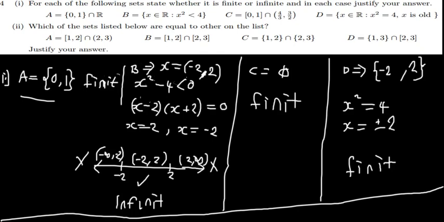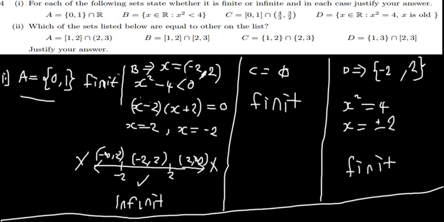Let us now find B. So B here is saying [1, 2] intersection [2, 3]. Here we know the intersection set between the two sets is 2.